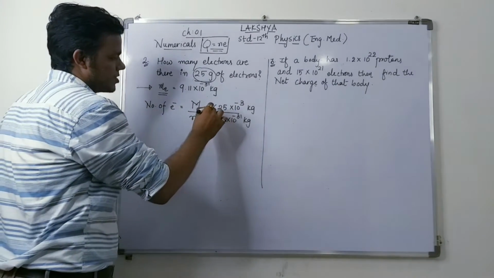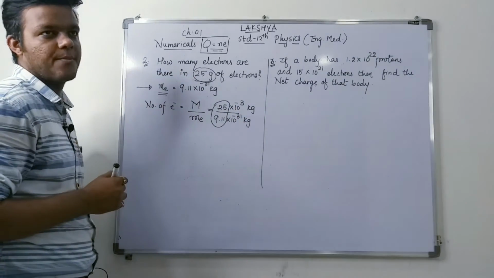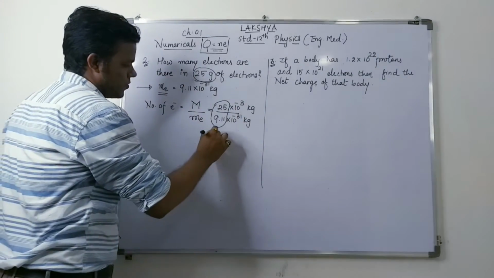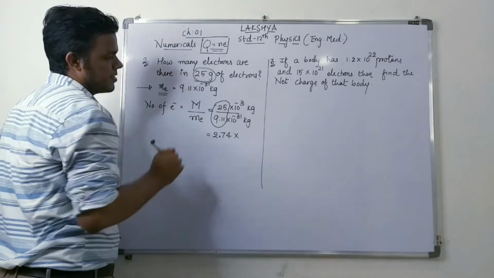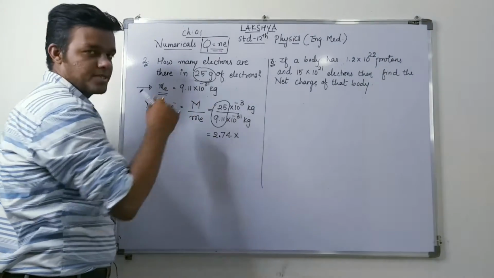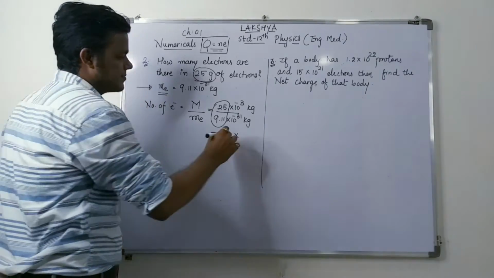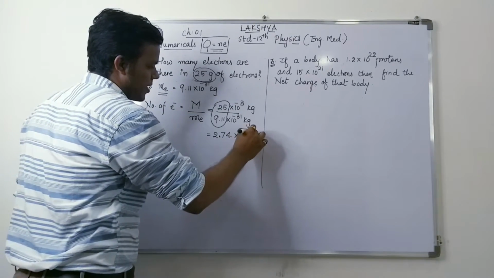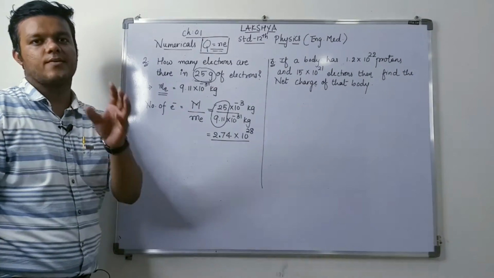Now we will do this division, 25 by 9.11, 2.74 into 10 raised to 31. If we take this power to the numerator, then 31 will be positive, 31 minus 3 will be 28, 10 raised to 28. This is the number of electrons we have.